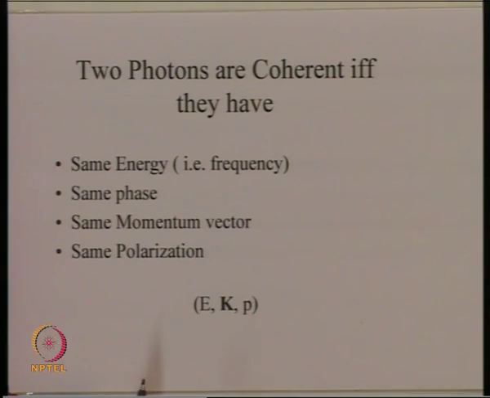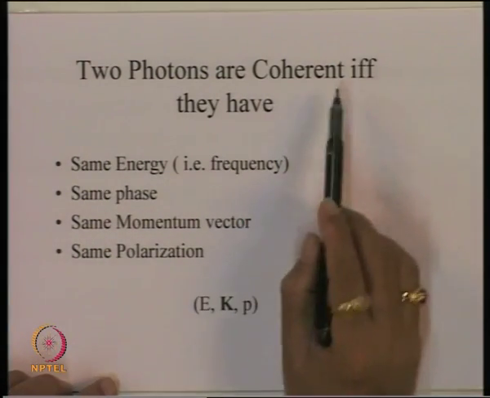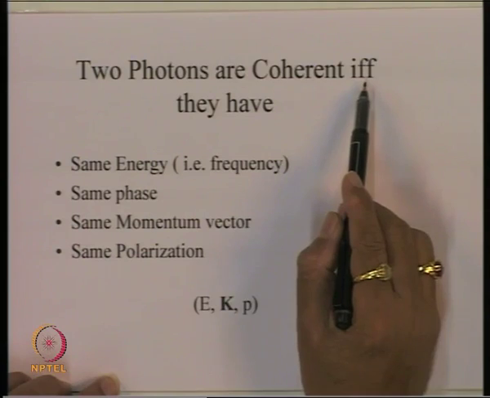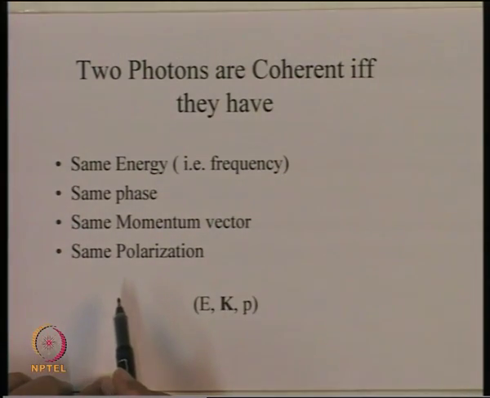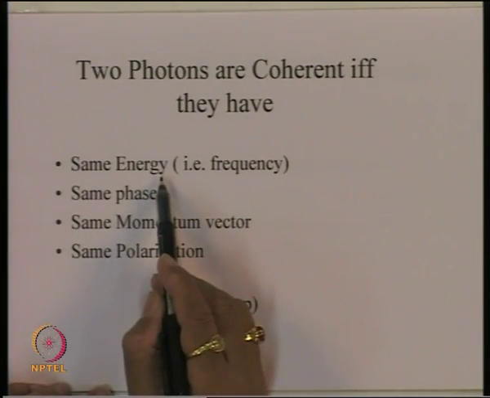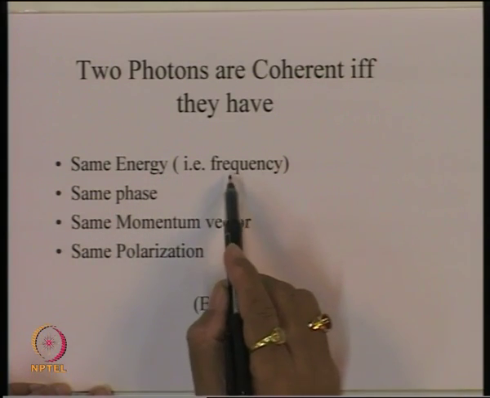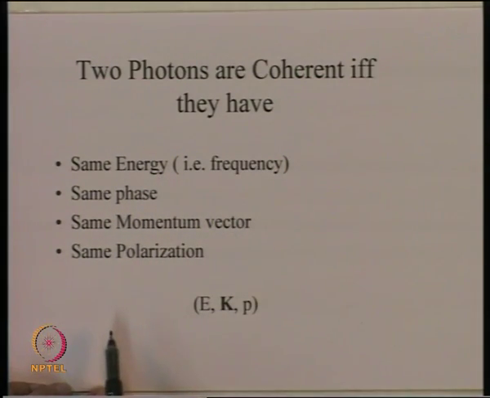So, now let us say if I have to now define the coherency between two photons, what is the precise definition now for the coherency? So, we say that the two photons are coherent if and only if they have same energy, and since the energy is equal to h into frequency, and h is the Planck's constant, it should have same frequency.